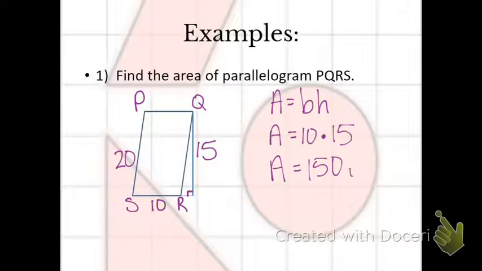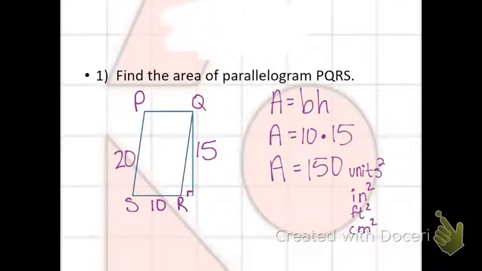And we should have some sort of units, so I'll just put units squared on there. Usually this would be things like inches squared or feet squared, centimeters squared. If you don't already have this ingrained in your brain, you might want to make yourself a little note that for area, units are always squared.